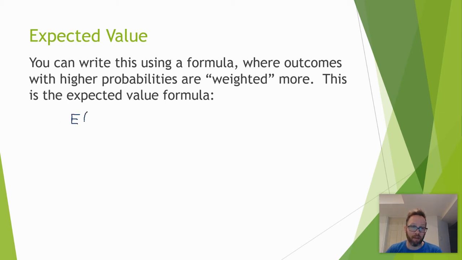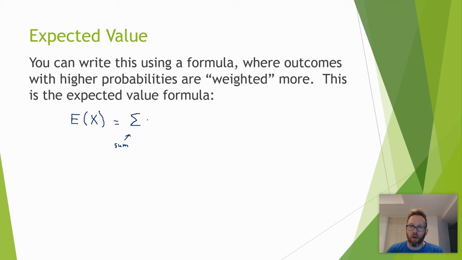So the expected value, E, of a discrete random variable, capital X, is equal to, and this may be some new notation for some of you, this is the Greek letter capital sigma, and it just basically means sum.